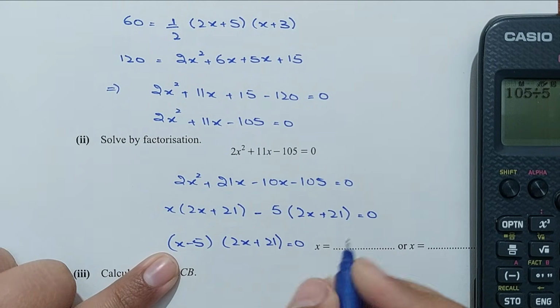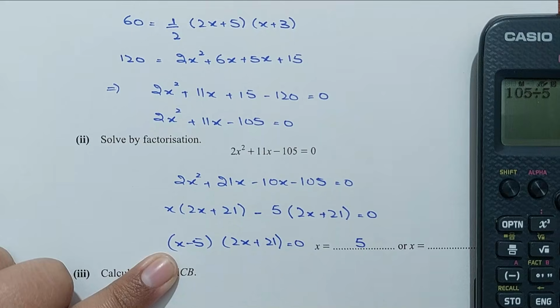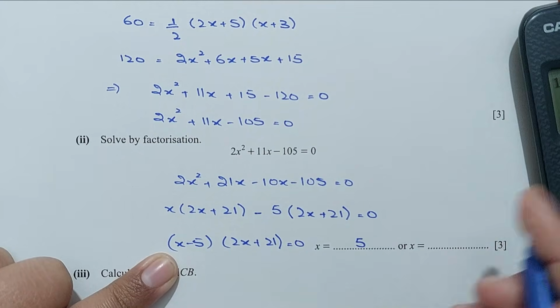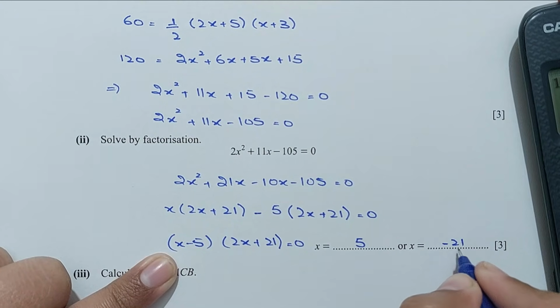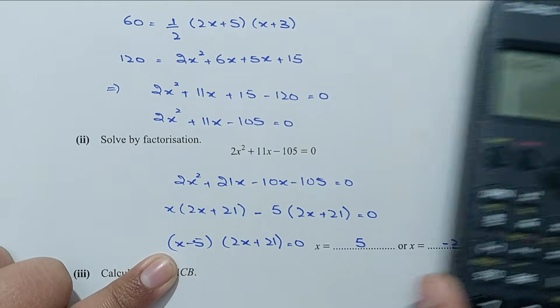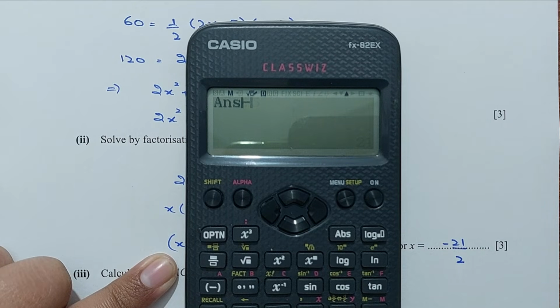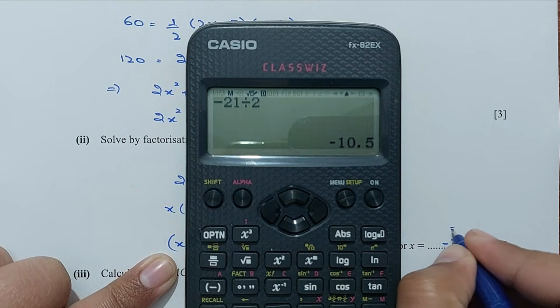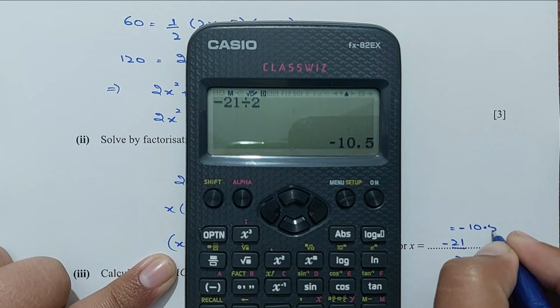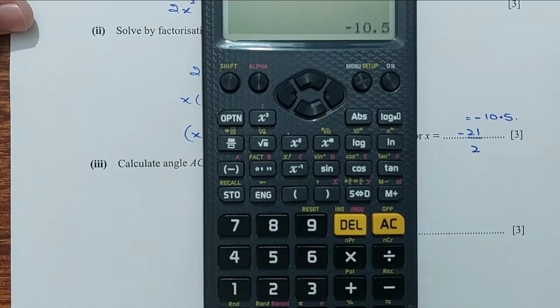So from here x equals 5, and the other value is x equals negative 21 over 2. Dividing 21 by 2 gives 10.5, with negative, right?